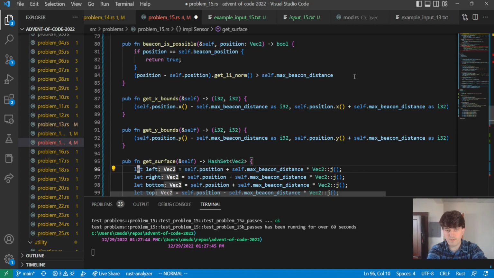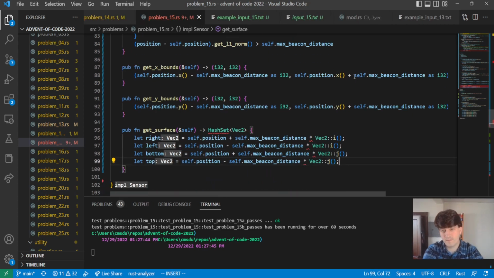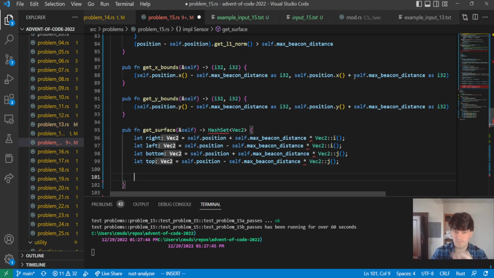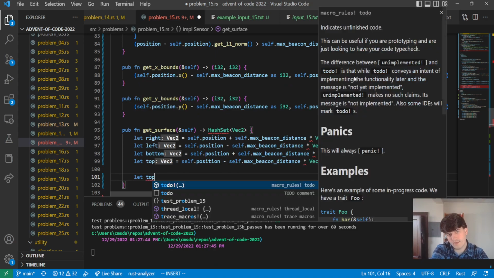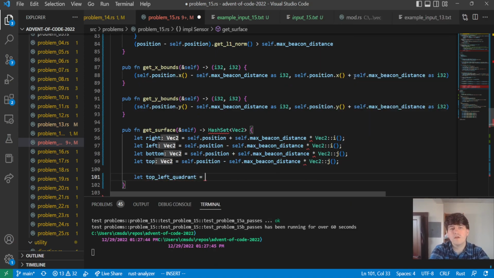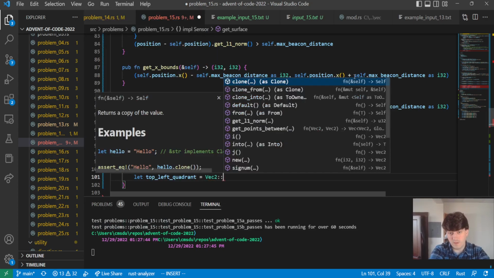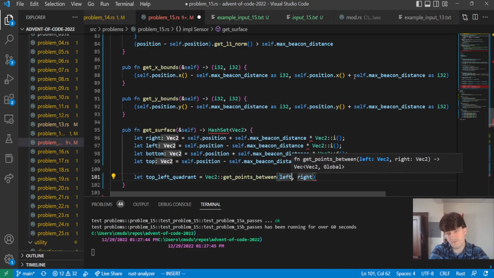Wrong order, I guess. Let's go let top left quadrant be vec2, get points between, left and right is fine.